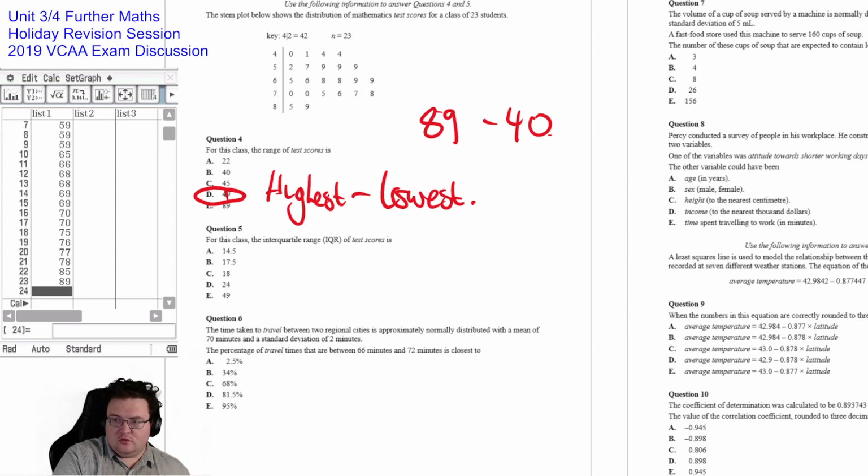Now, on the actual question it said n is 23. So therefore, I know I've got the right number of numbers in here.